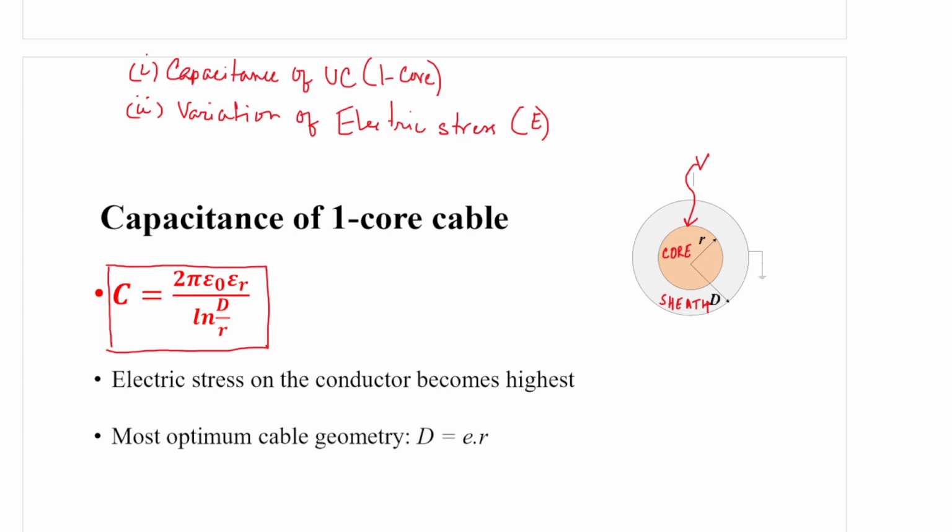Okay, now to derive this formula, we shall assume a similar kind of figure. That means we shall consider a thin circular element of thickness dx, situated at a distance of x.